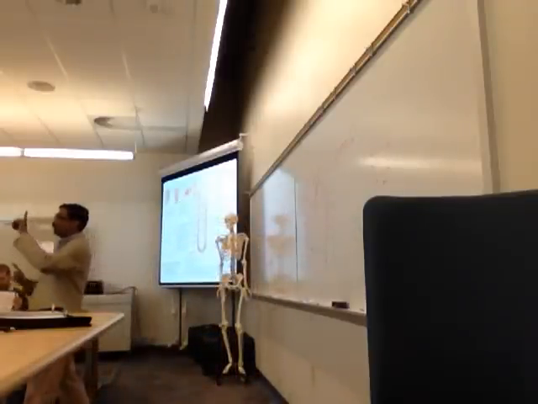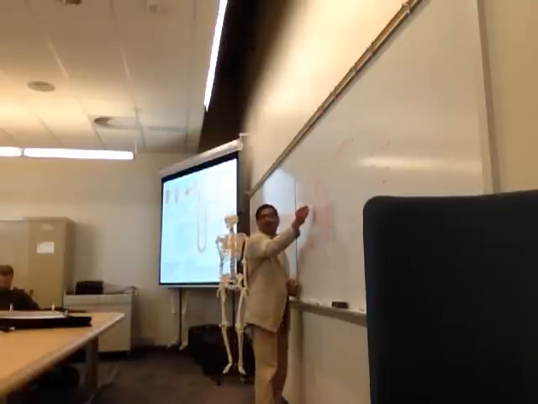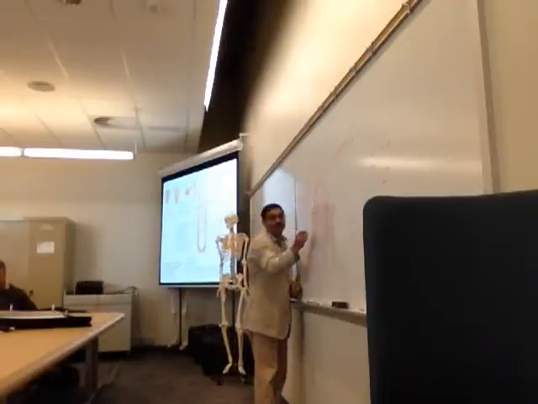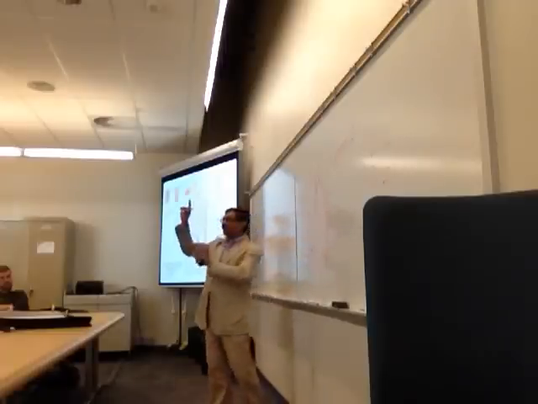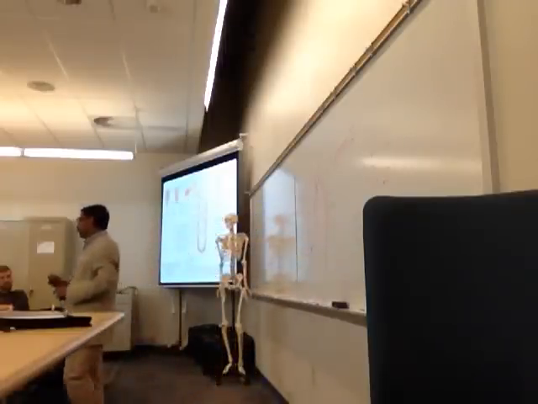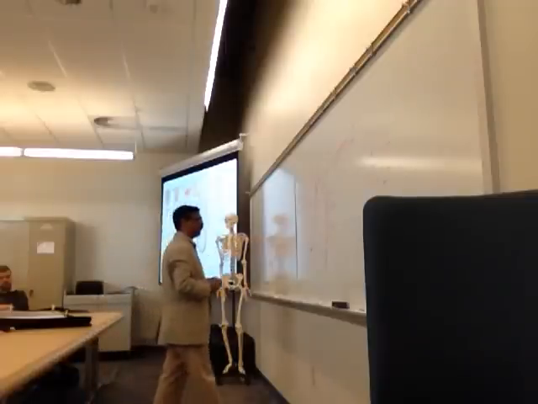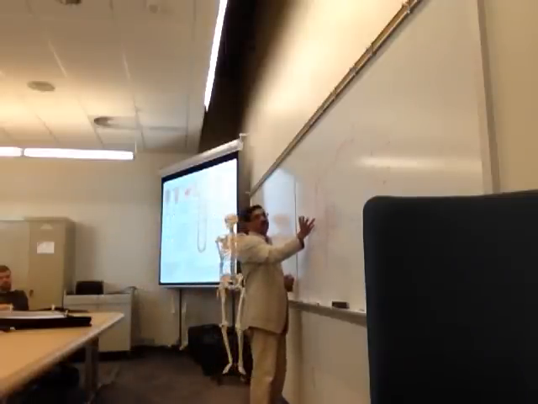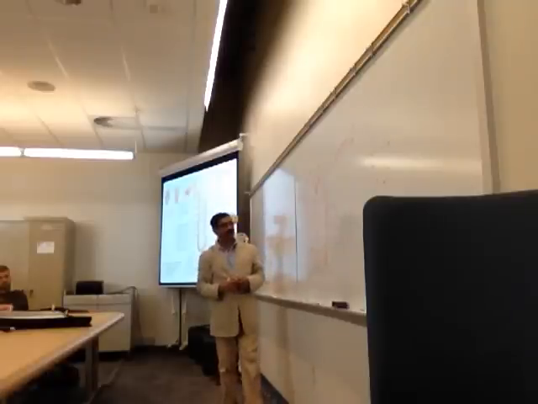The flow is in opposite direction. And between the limb of the loop of Henle and the vasa recta capillary, the fluid is also going in the opposite direction. That's why it is called the countercurrent mechanism: fluid is running in opposite direction between the two limbs of the loop of Henle, as well as between the loop of Henle and the vasa recta.